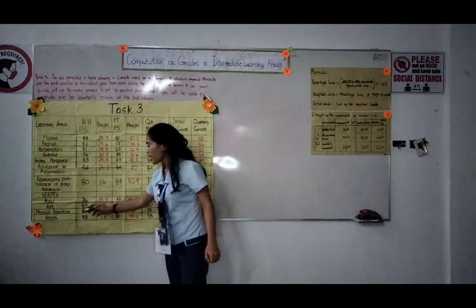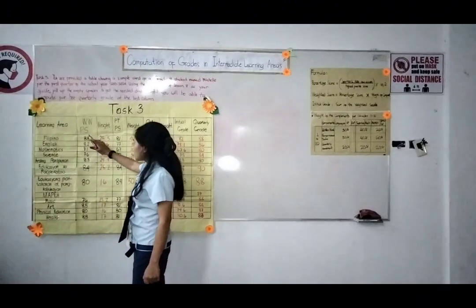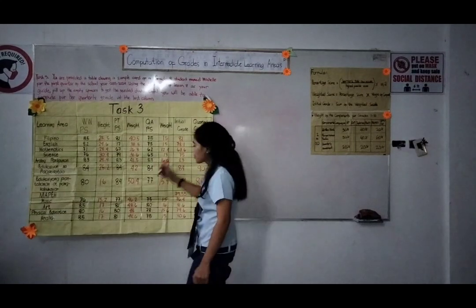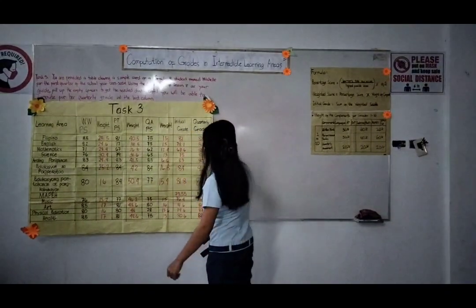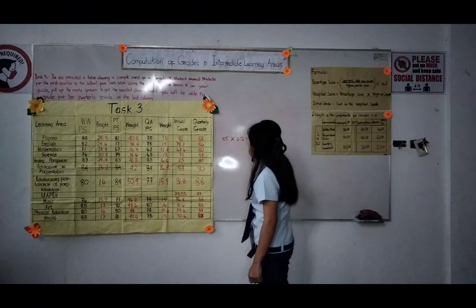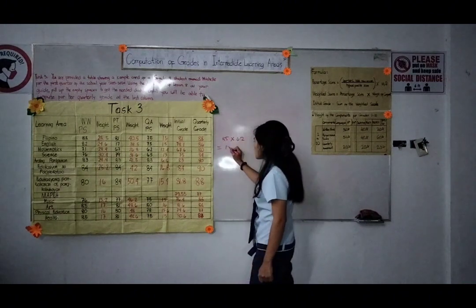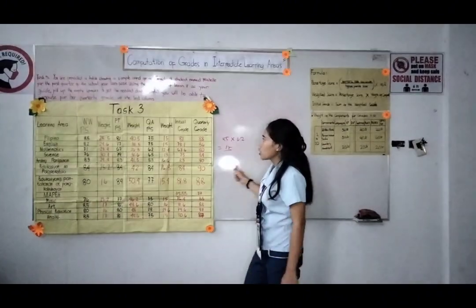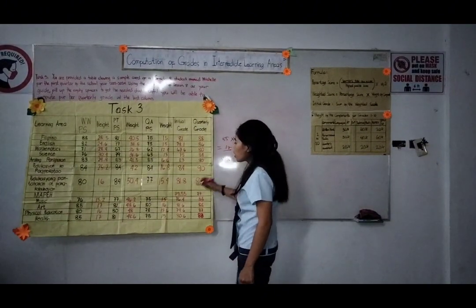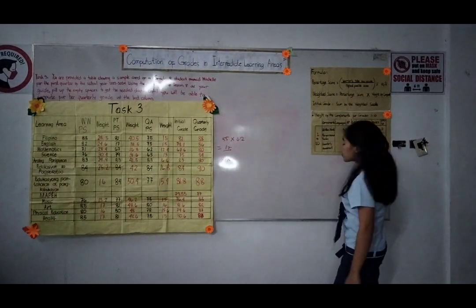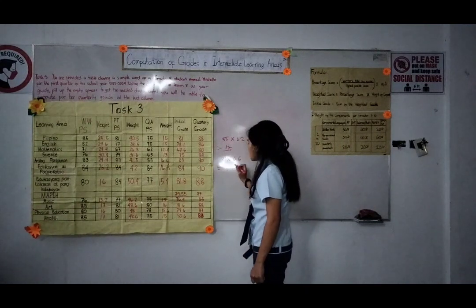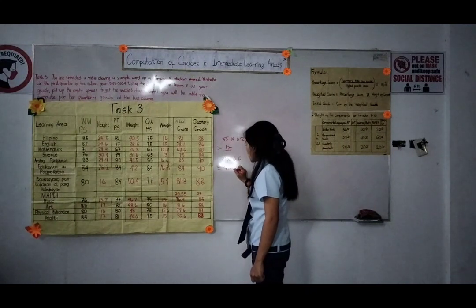In the learning area of health, the given written works percentage score is 85. So, 85 times 0.2 is equal to 17. So, in performance task, we have 81. 81 times 60% or 0.6 is equal to 48.6.